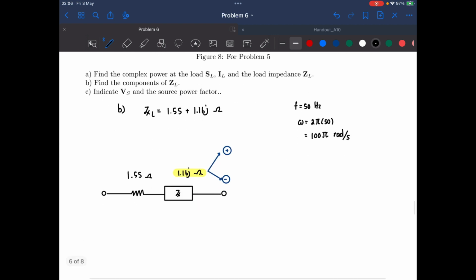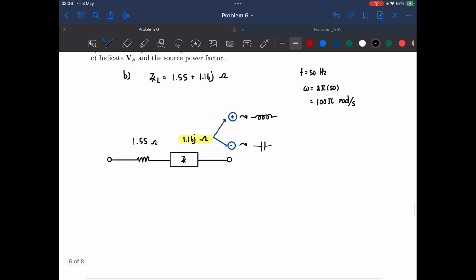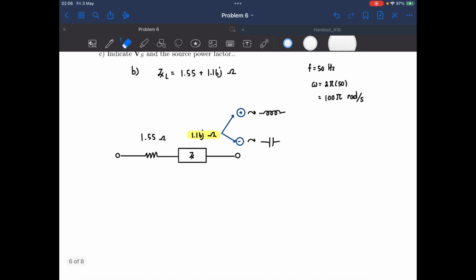If it's positive, it would be an inductor, and if it's negative, it would be a capacitor. So we can redraw it with an inductor here.